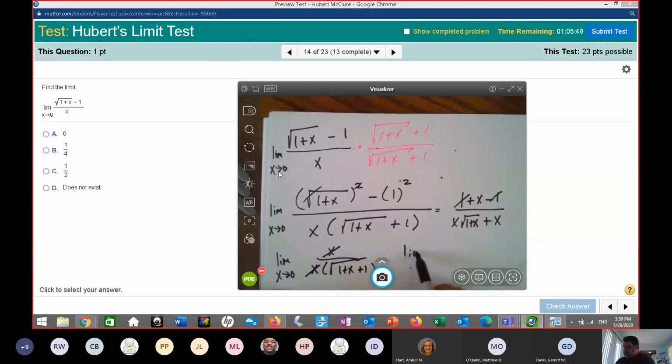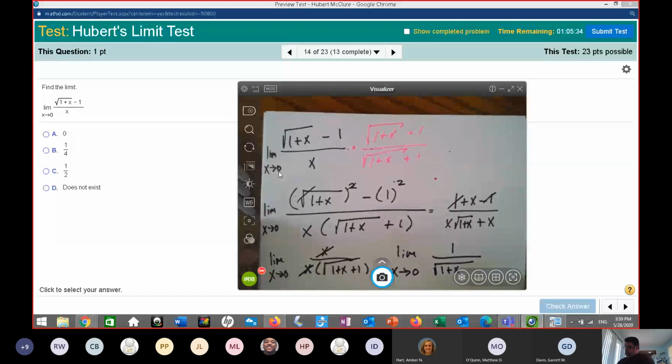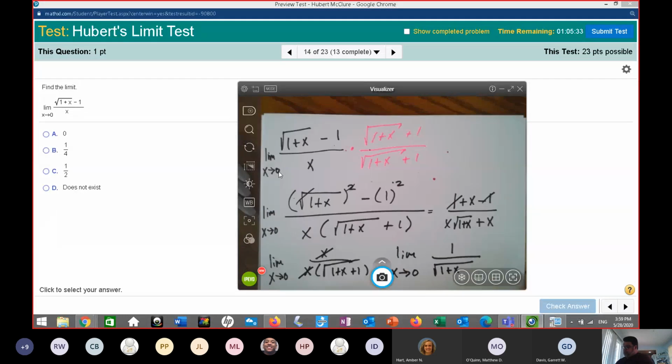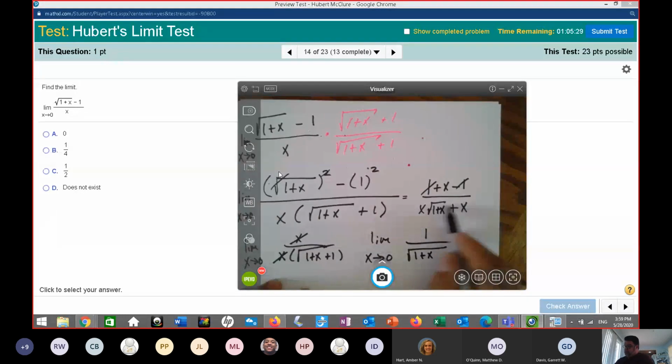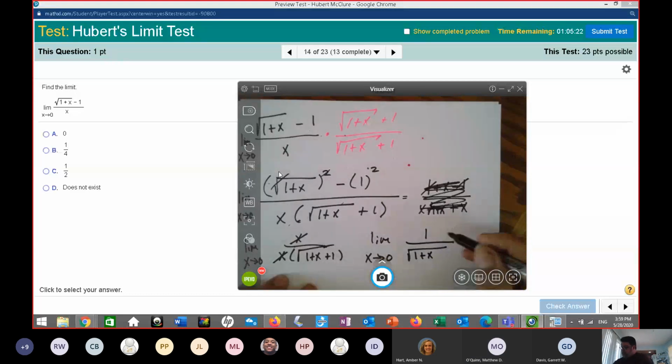Limit as x approaches 0 of 1 over the square root of 1 plus x. I didn't do this, I just went from here to here. And that's going to give us 1. And there's not 1. I think it's 1 over 2, but I don't know how I got that.